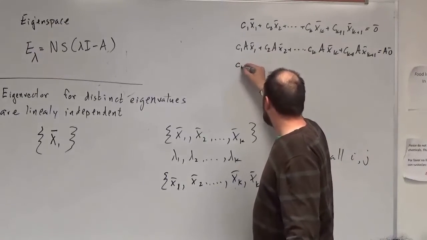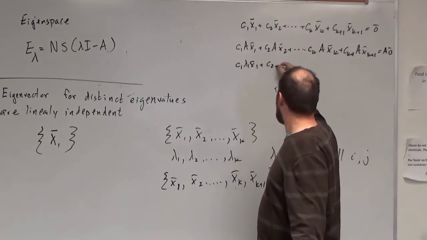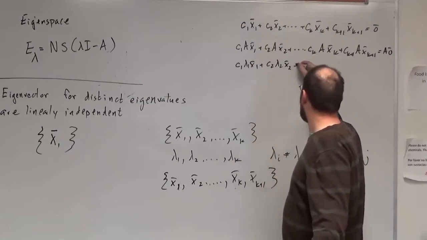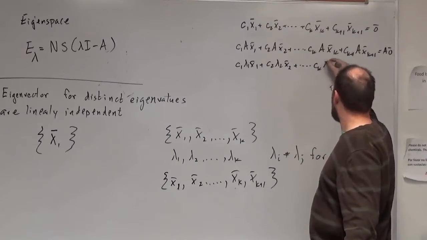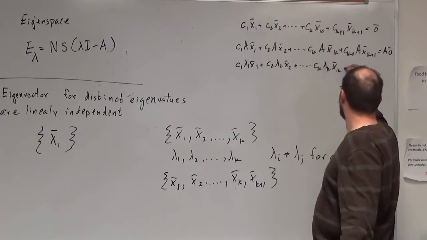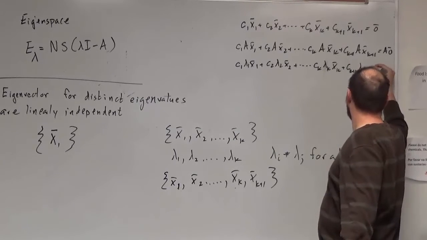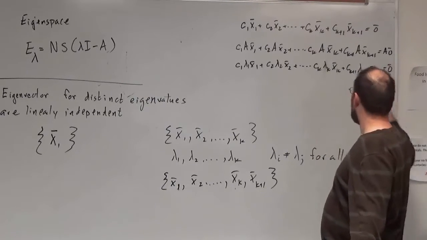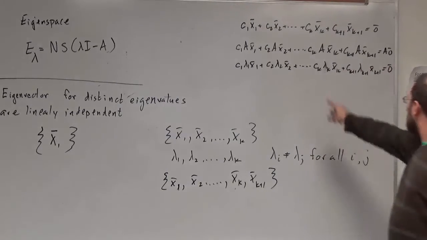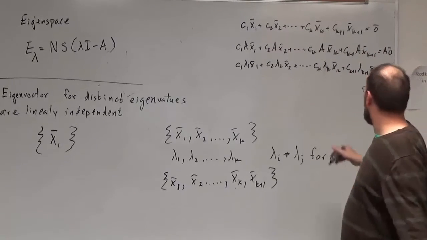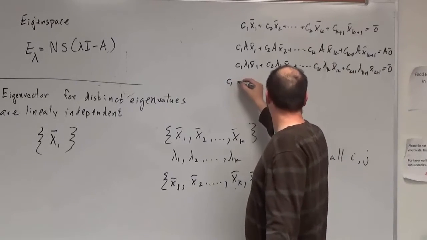So we just get a scaled version of the vector. And of course that's 0. Okay, so now what you do is you multiply the original equation by lambda k plus 1, the k plus 1 eigenvalue.